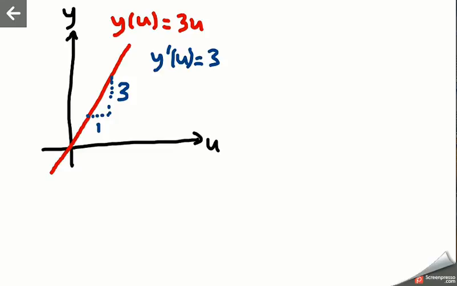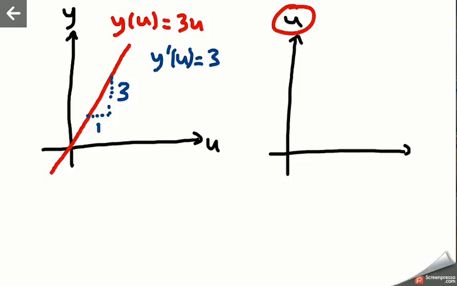Similarly, let's draw another function. So this one is going to be our u. And yes, this u and this u are the same. So it turns out u is actually going to be dependent on another variable, x.